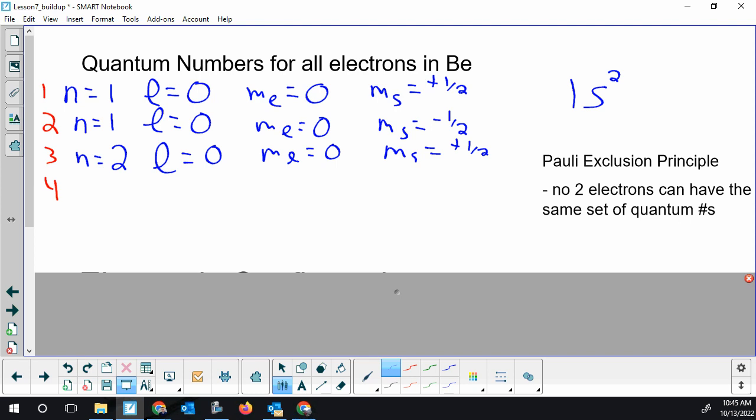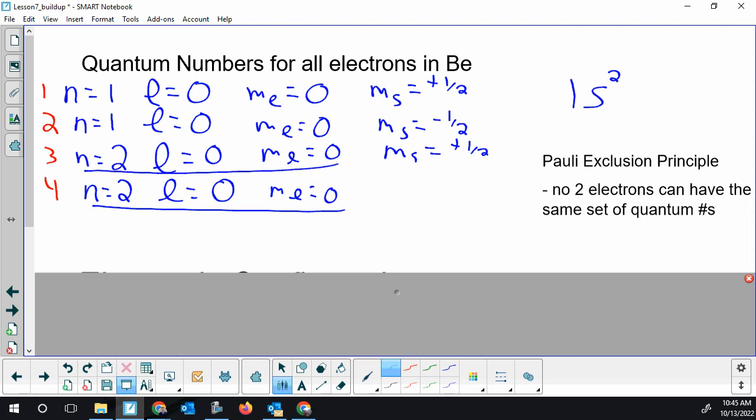We're going to keep building up from the bottom. We did not fill that 2s orbital. We only put one electron in, so we can put a second electron in that orbital. So same orbital. These numbers are the same, so it's the same orbital. There's a different spin, a spin down electron.